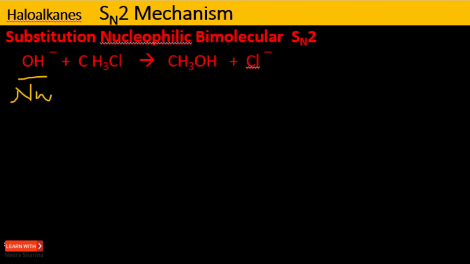removed. Now what happens in the SN2 mechanism is, I have a carbon which is attached to 3 hydrogens and the chlorine, CH3Cl. As the nucleophile approaches the haloalkane, the chlorine starts moving away from the carbon, and the nucleophile OH minus starts coming close to this carbon.